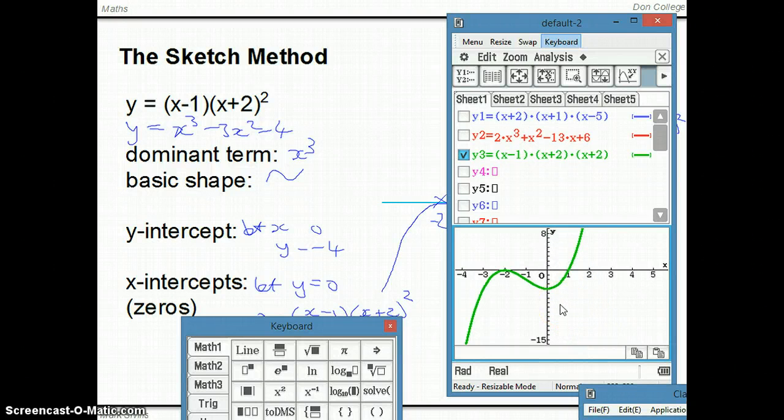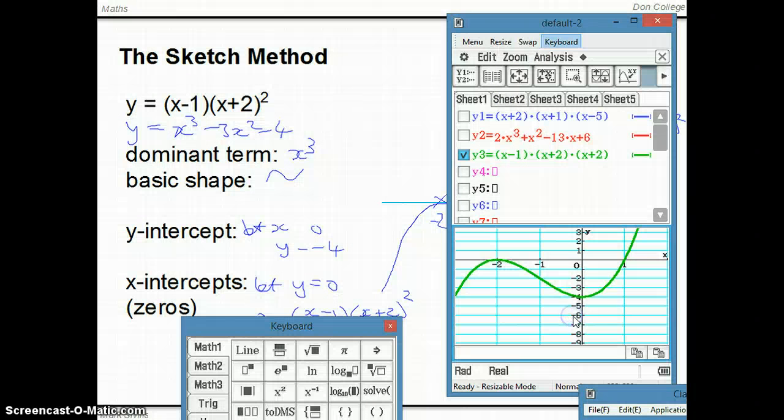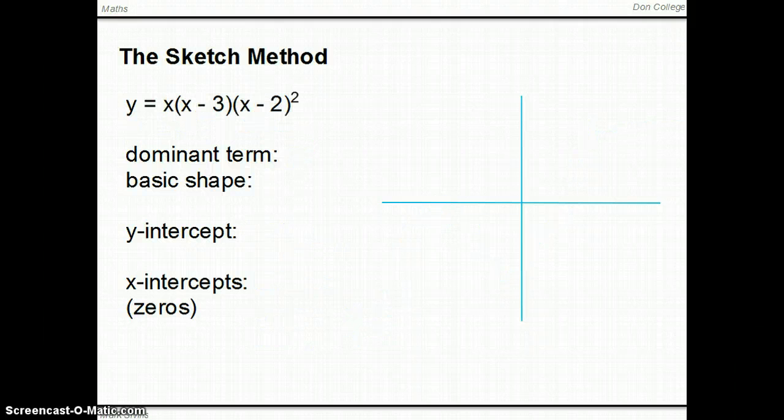So the turning point looks to be actually pretty close to there, but I wonder. Yeah, well, we'd have to solve it and find out. Maybe a little over to the right, in fact. So in this case, it's quite like that. So always worth checking on your calculator to see where the turning points lie.